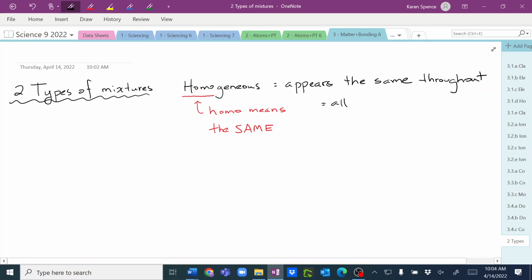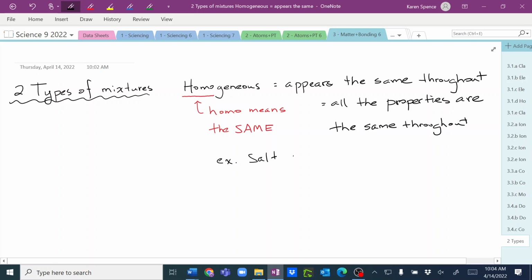All the properties are the same throughout. So for example, our salt water is all clear, it's all colorless, it all tastes salty.